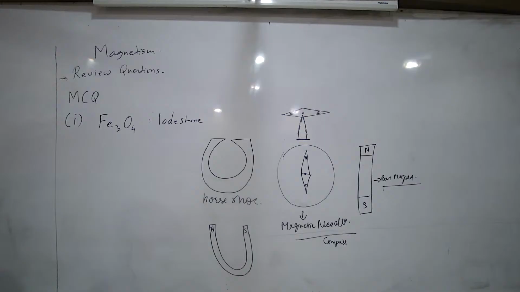What is center of gravity? It is the point where the entire weight of the body can be concentrated. The entire weight of the body acts at the center of gravity. That's how it is balanced.